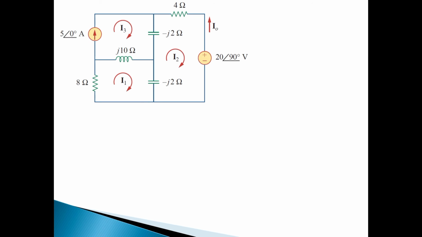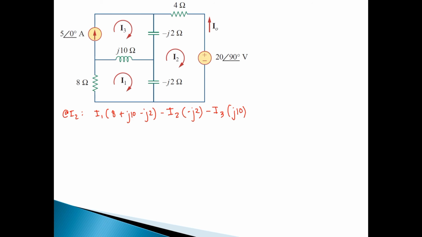So let's first consider the mesh I1. At I1, we have I1 times 8 plus j10, minus j2, minus the common mesh current that will also be flowing, which is I2, so negative I2 times j2, minus I3, since I3 is also flowing in j10.